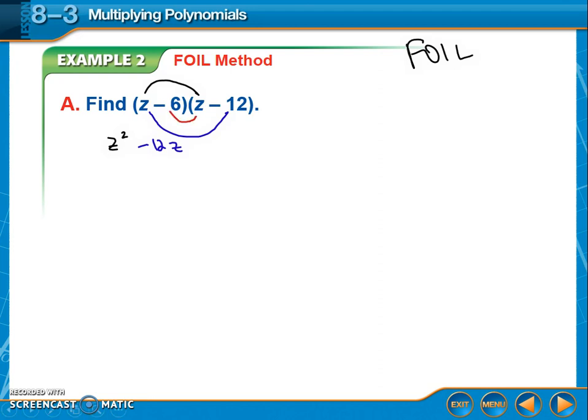Negative 6z, they're on the inside of the thing. So that's negative 6z. And L is for last. So that's the green, and that's going to be positive 72. And then the last step is just to rewrite: z squared minus 18z plus 72.